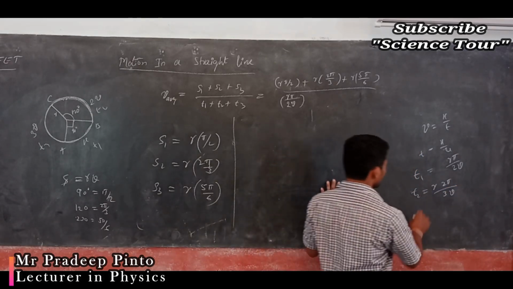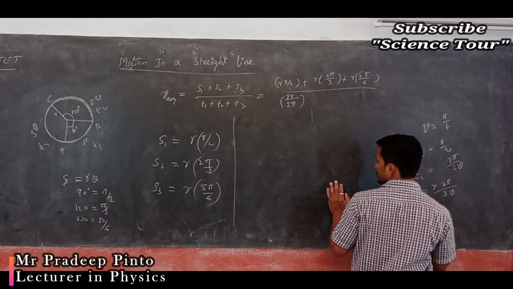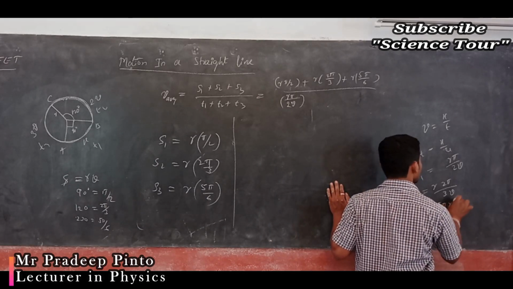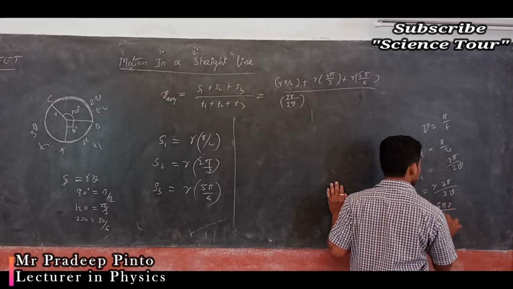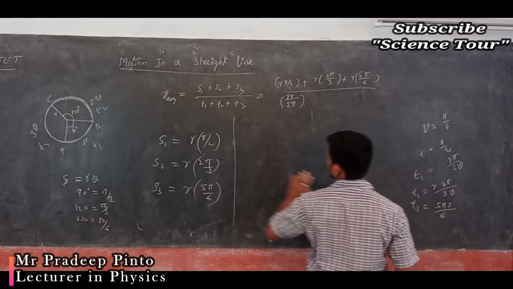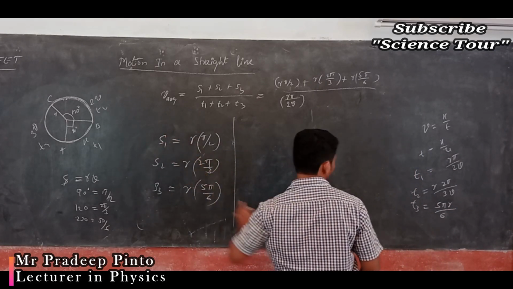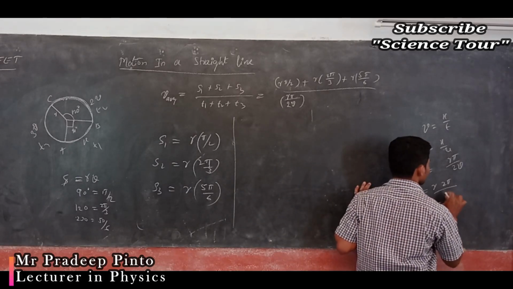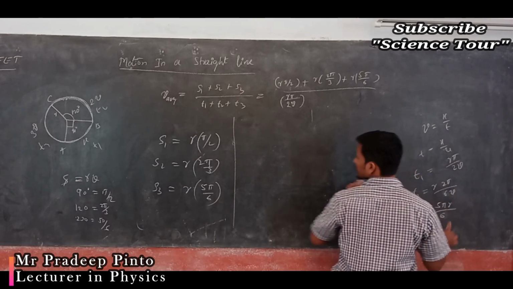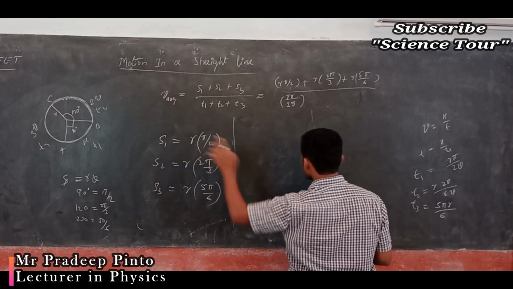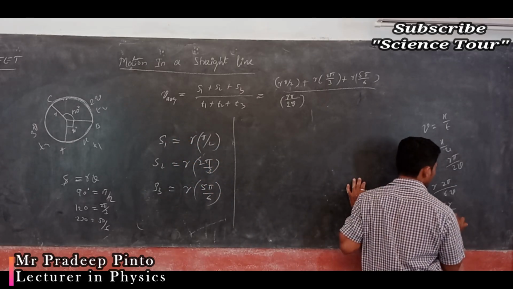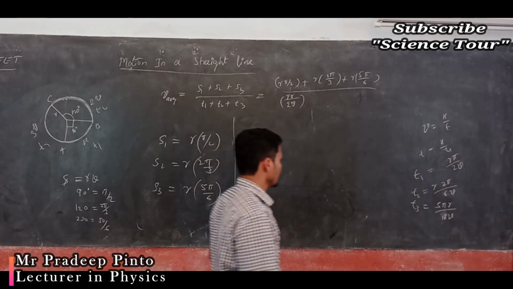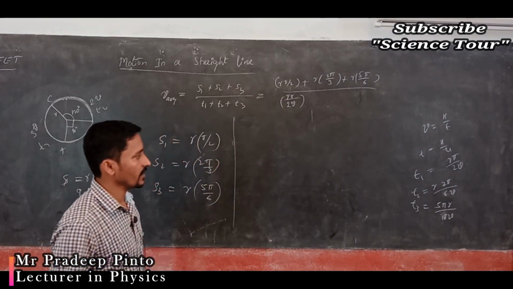Now T3 is equal to 5 pi r divided by, okay, now it is not V, that is 2V, so it is 6V, and here it is 3V, so 18V.